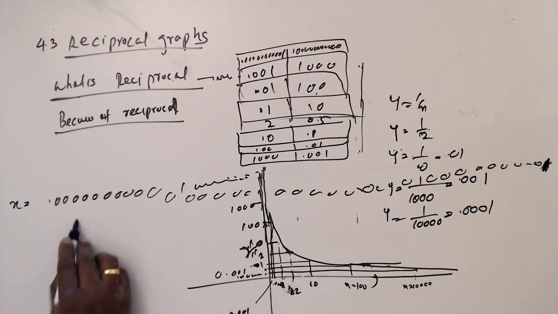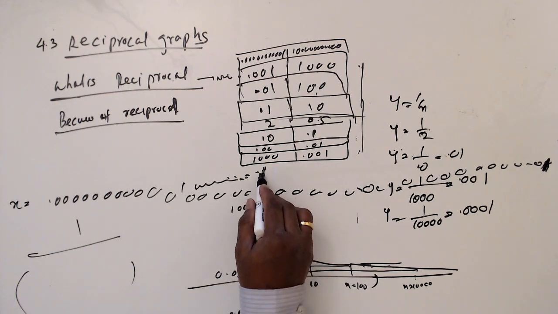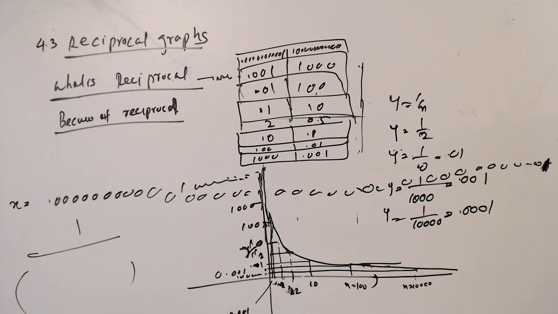Now when I divide 1 by this number, what will happen? It's going to be a very big number. So still I have to mark it.